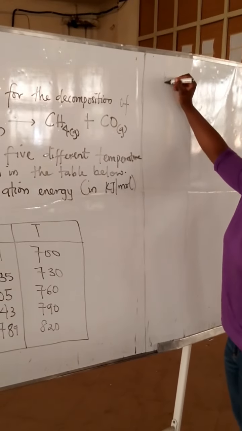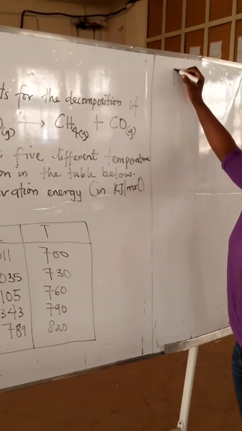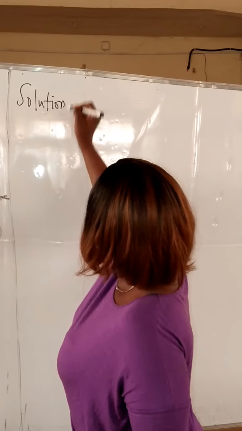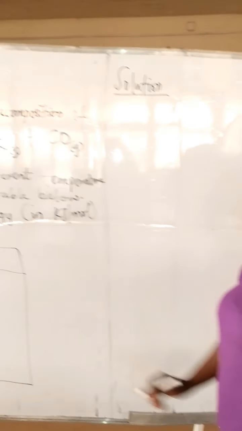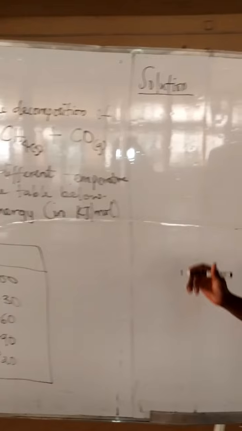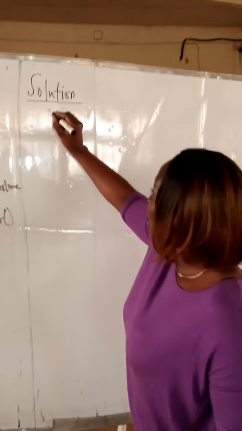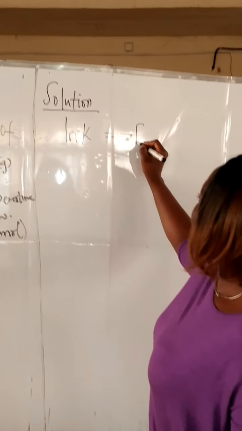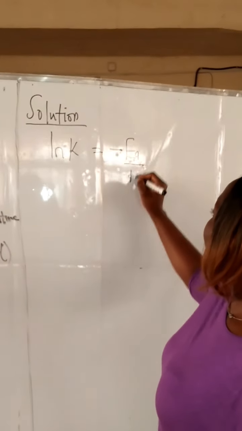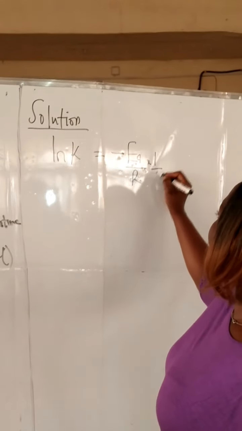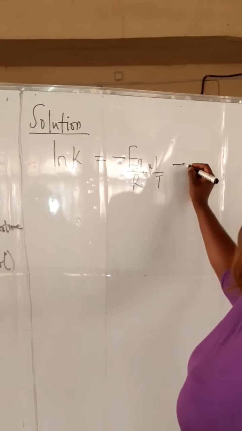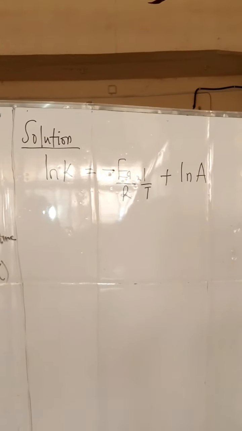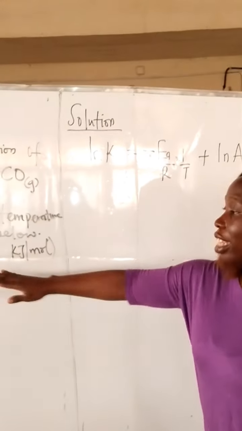Now, this is the table given to us. We still use the ln k solution. Since we are given a table, the first thing that should come to our mind is the formula, which is ln k is equal to minus EA over R times 1 over T plus ln A. The question is determine the activation energy.